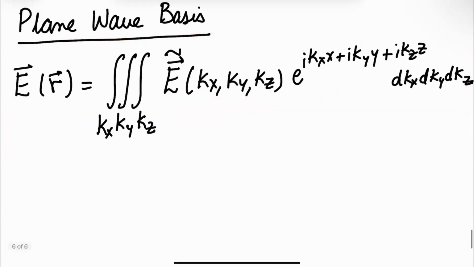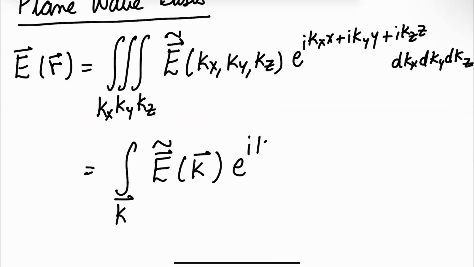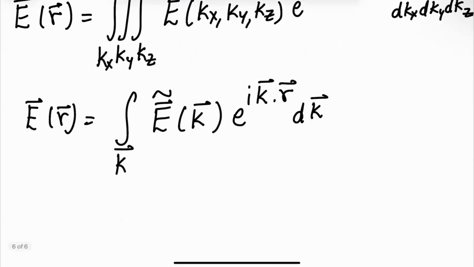I can rewrite this as an integral over vector k, which represents nothing but this triple integral, of E tilde of k, e to the i k dot r, dk. This is my E of r. So what does this represent? This is nothing but the k-space representation of your electric field.